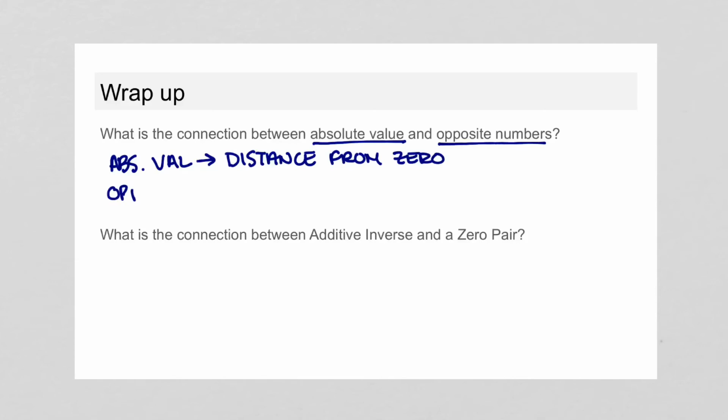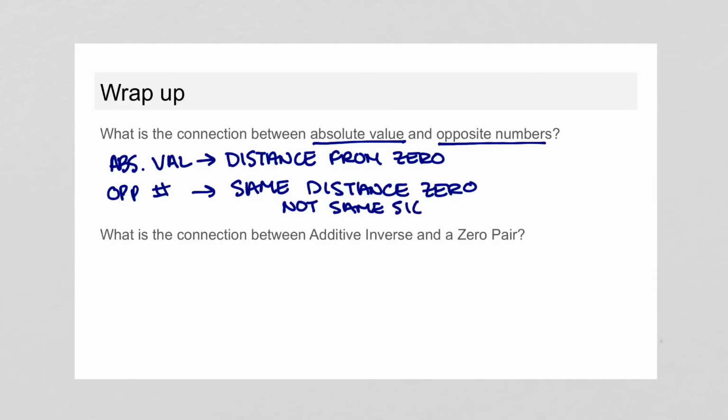Opposite numbers are the same distance from zero, but they're not the same sign. Okay, what is the connection between additive inverse and a zero pair?